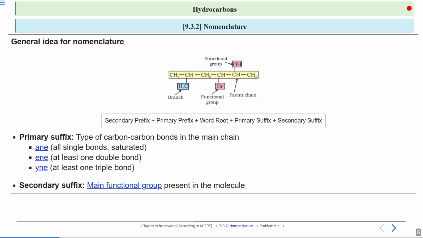So that is denoted by the secondary suffix, whereas the subsidiary one is denoted by the secondary prefix in most of the cases. Now this is possible that your given single functional group has no suffix for it. Yes, there are groups which have no suffix for it. In that case, we have to use their prefix only.